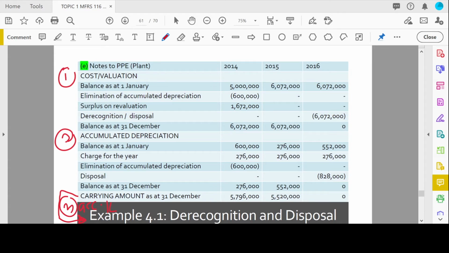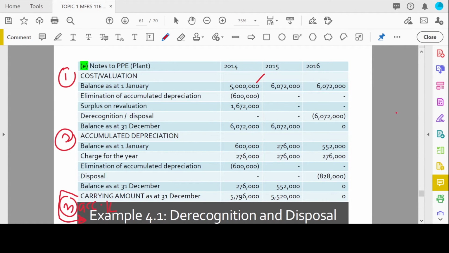Therefore, the cost that we carry in the plant account, we carry the balance at 5 million, which is the original cost of the plant. Hence, when we prepare notes to PPE, the opening balance as at 1st January is maintained at 5 million.